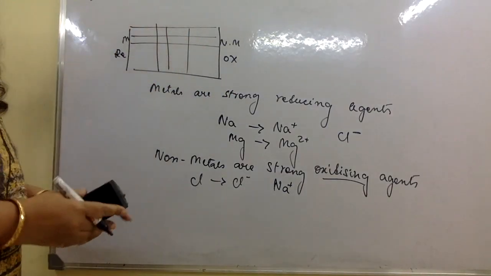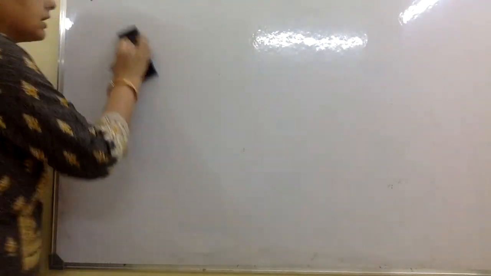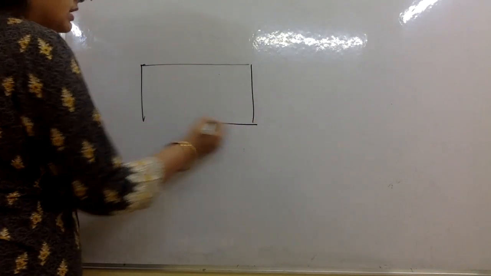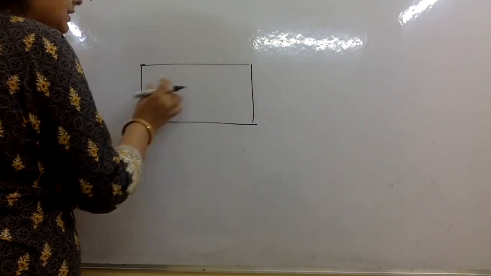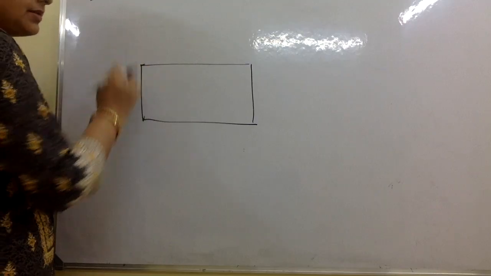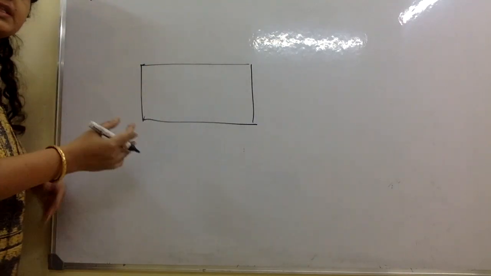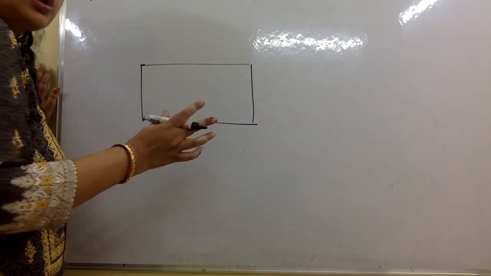Okay, now coming to another topic. When we have this periodic table, one side is strong metals, the other side is strong non-metals. Then what kind of bonding happens between these elements? That is also a very important thing to understand, keeping in mind your syllabus.